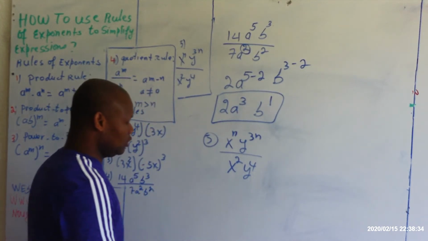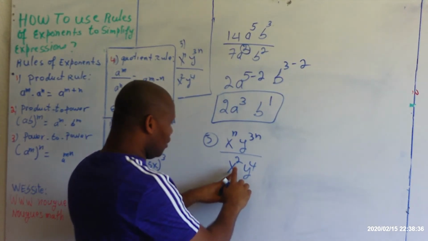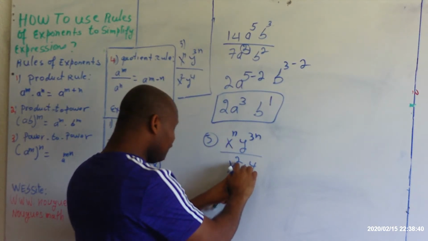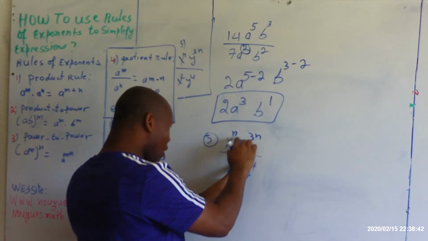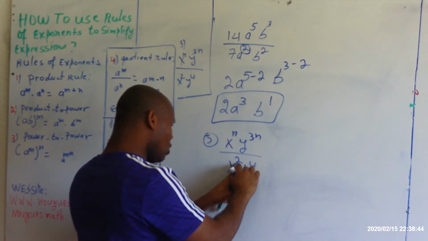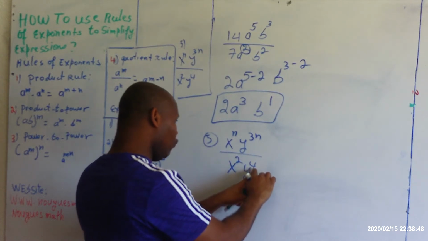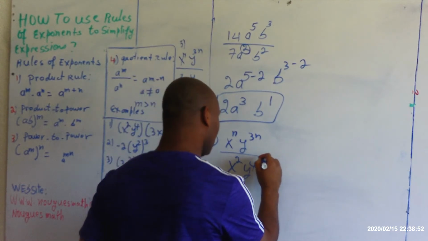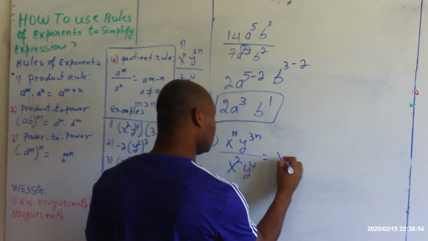What we're going to do? We're going to write it down, x down, but 2 is going to leave and go up. When 2 goes up, it's going to convert to a negative 2. When 4 goes up, it's going to convert to negative 4. Just write this down first.